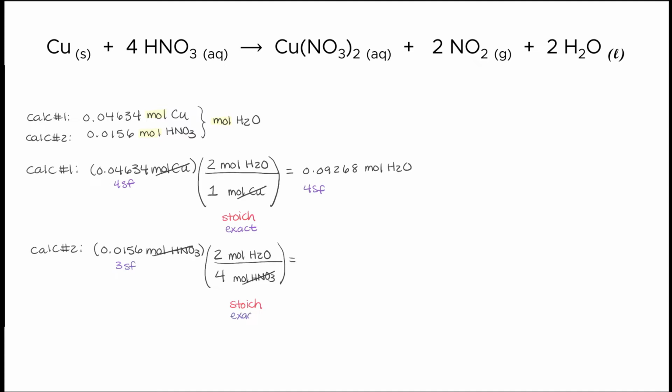Stoich is still exact, so this calculation will be rounded to 3 sig figs. And when we do the math, 0.0156 times 2 divided by 4, we get 0.00780 moles of water.